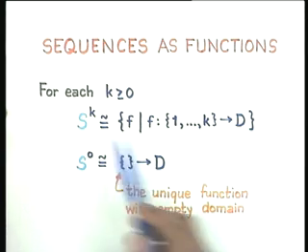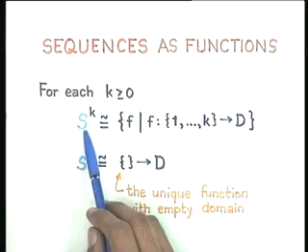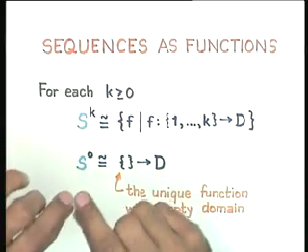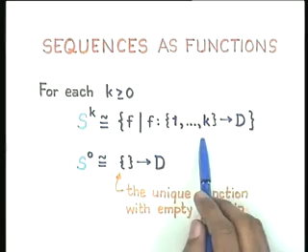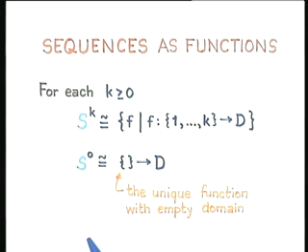So every k length sequence you can look upon either as just a k length sequence of data elements or as a function from the set 1 to k to the elements of D, right, where of course the empty sequence is the unique function from the empty set to D, right.